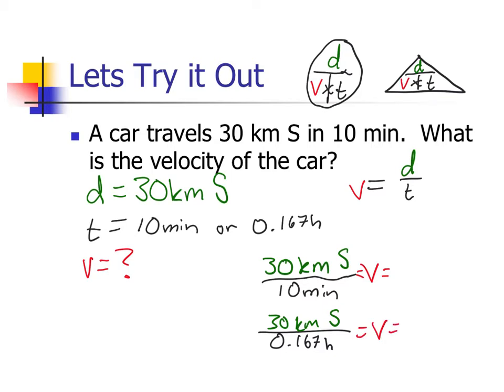So 30 divided by 10 should be pretty nice and easy in that it's 3 kilometers per minute. And now because it has a direction, we do still need to say south.